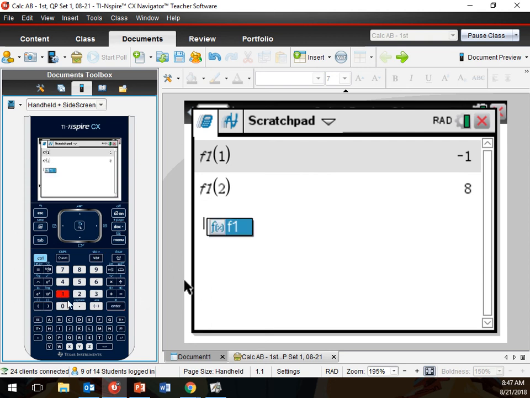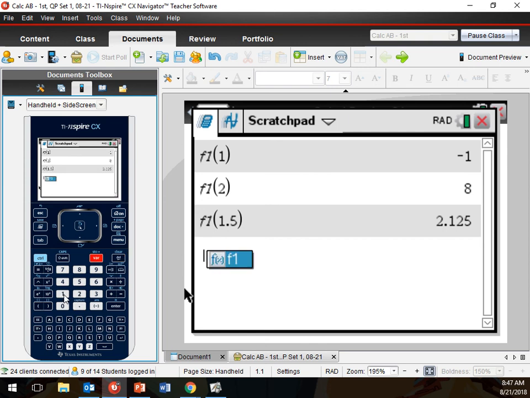So let's try 1.5. Okay, that's positive. 1.2. There's a negative. Let's see.